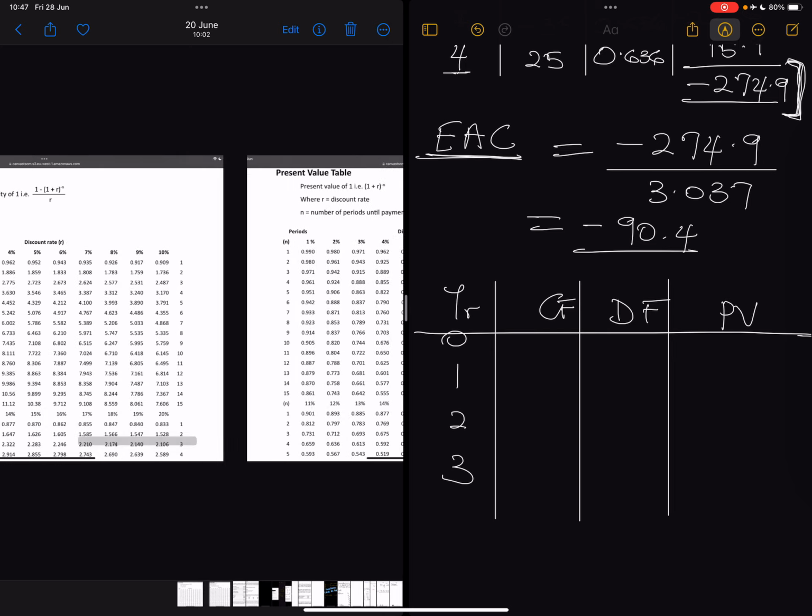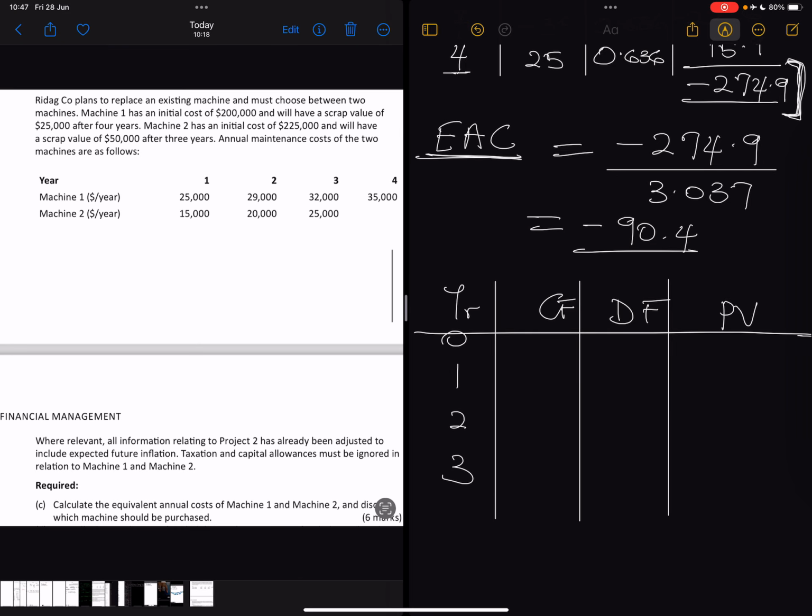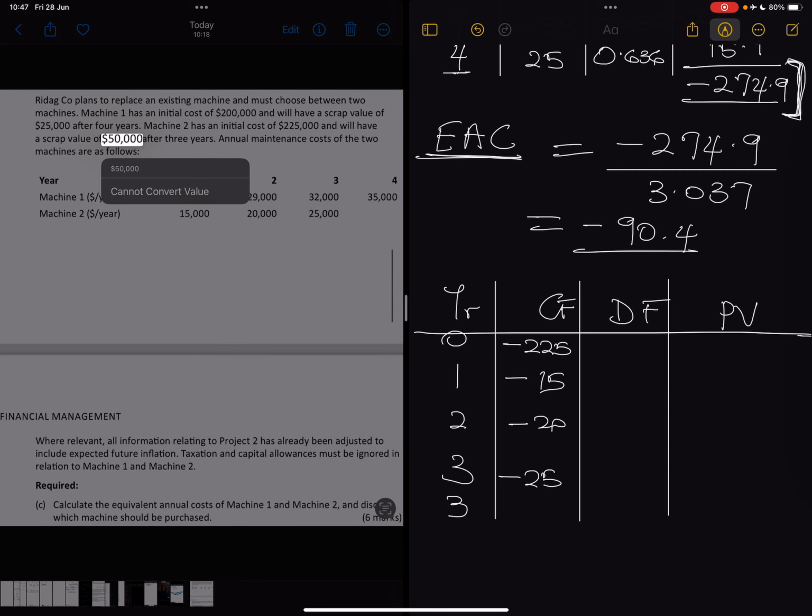The question says the asset is going to cost 225, so negative 225. And we're going to spend money on maintenance: minus 15, minus 20, and minus 25. However, there's a residual value after year 3, which is 50,000. So we make money of 50.